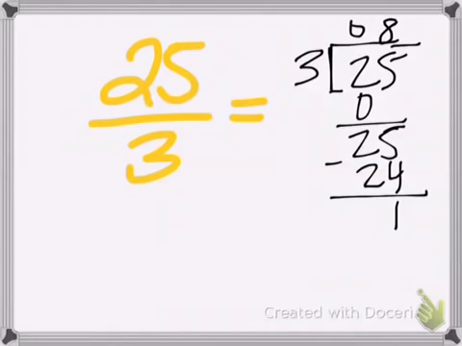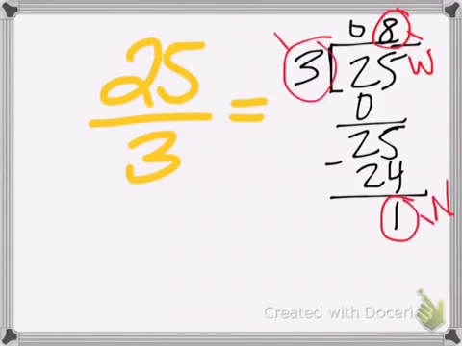Remember, now we're going to use the remainder. So this 8 becomes my whole number. It tells me how many equal whole groups. This 1 becomes my numerator. It tells me what parts are left over. And the denominator stays the same. So the answer is 8 wholes with 1 and 3/8 left over.